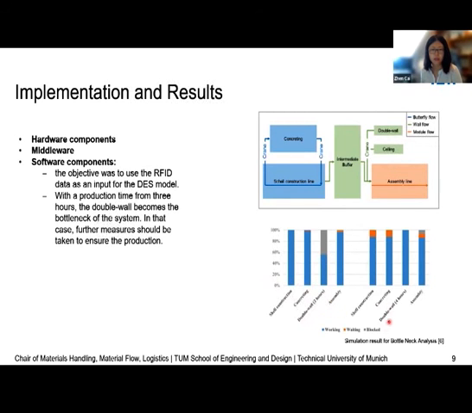If the production time goes up to 4 hours, the double wall production becomes a bottleneck of the whole process. In that case, further measures should be taken to ensure the production.